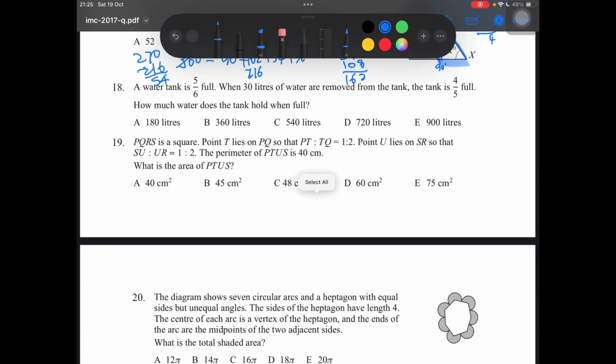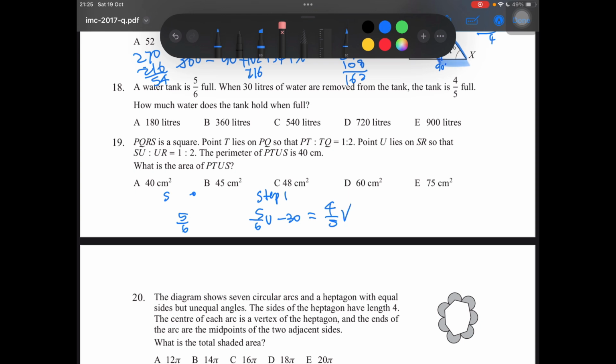A water tank is 5/6 full when 30 liters of water are removed from the tank. Okay, so we don't know what the real volume is. So let's say at the beginning, step 0, there was 5/6 of its original volume. And in the first step, we removed 30 from the tank, and now it has 4/5 of the volume.